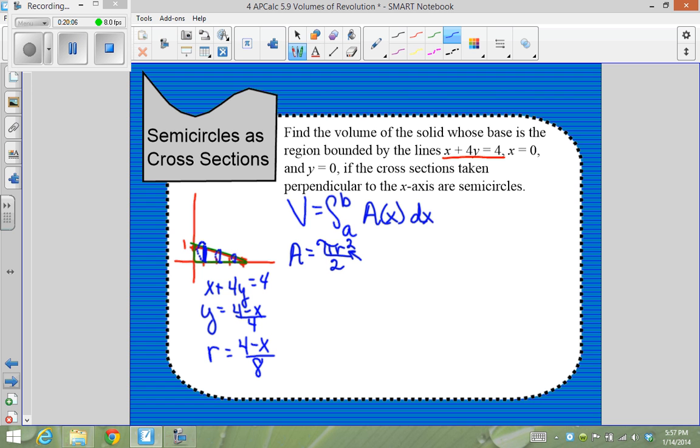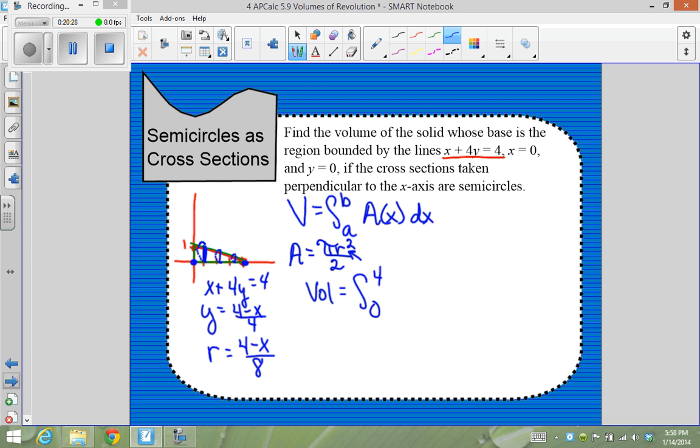Okay. So volume is going to equal the integral from, and we've already talked about this because we said that this was 0 right here and that this was 4, so I'm going to integrate from 0 to 4. My equation this time does have a pi in it. I'm not doing pi because I'm doing the volume of revolution.